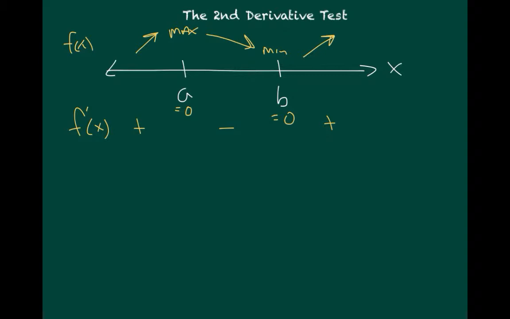Do you notice that by virtue of the shape of the increasing and decreasing, this region here is concave down and this region here is concave up? So they've come up with a second test for finding maximums and minimums dealing with concavity.